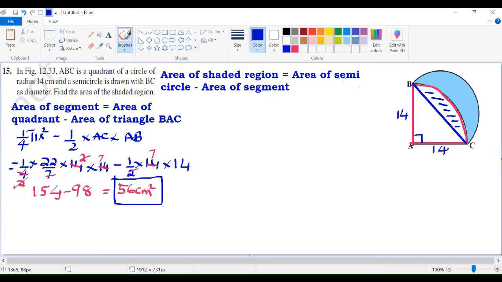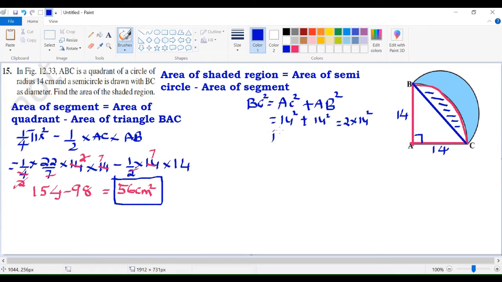So to get the area of semicircle, we need to find radius of semicircle. So first let us find the diameter BC. So BC square is equal to AC square plus AB square by Pythagoras property. So 14 square plus 14 square, that means 2 into 14 square.